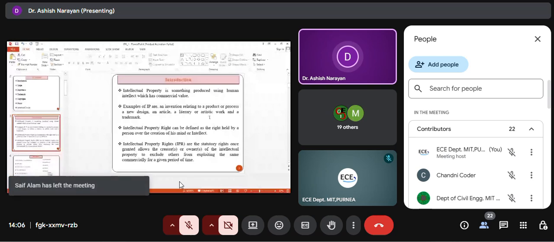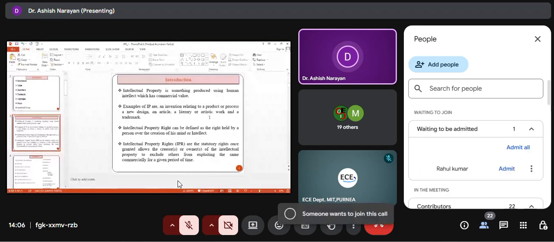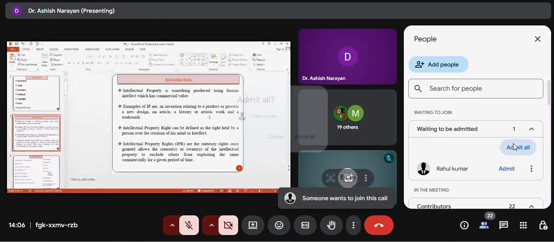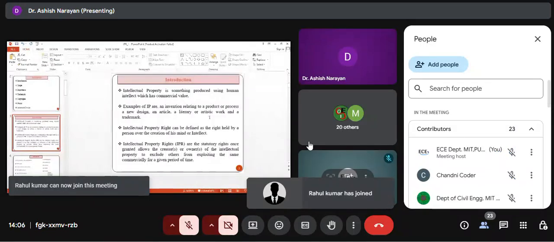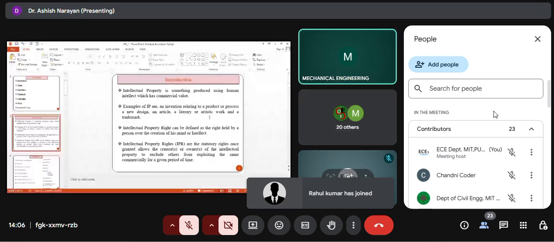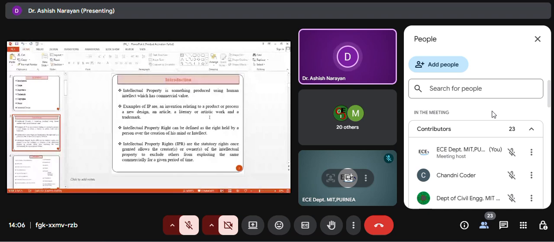So here I have already told, first you have to decide what you want to develop your idea as: in the product format, the design format, the article format, or the literature format, a novel or innovative idea. Then the intellectual property right is held by the person over the creation.